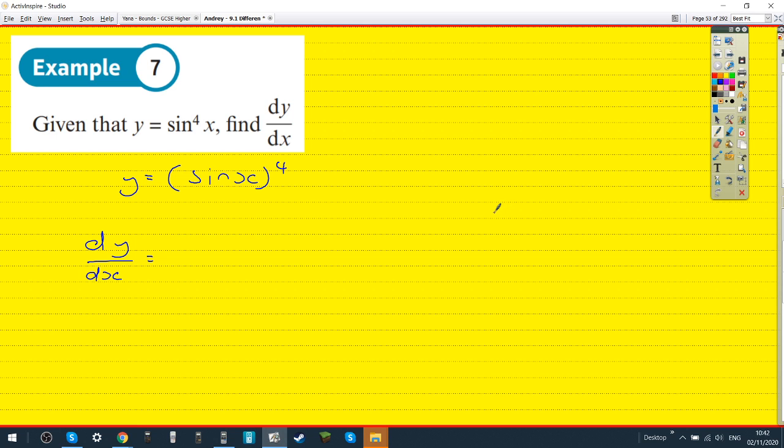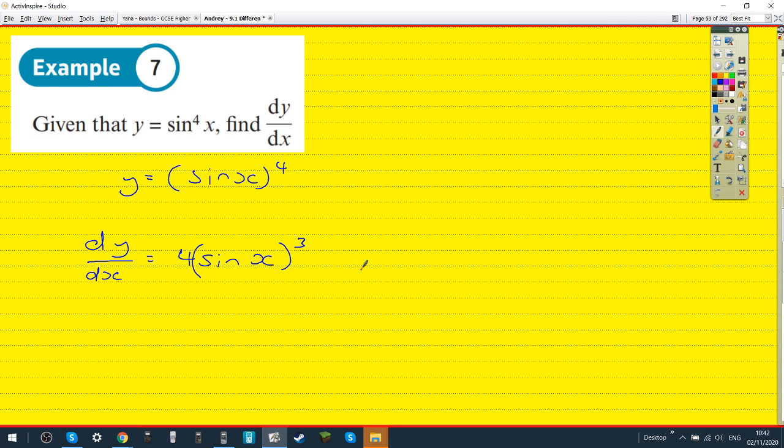Okay, so am I just doing the same thing we just did? Yep. So for sine x cubed, is that it? And now I need to differentiate sine x.